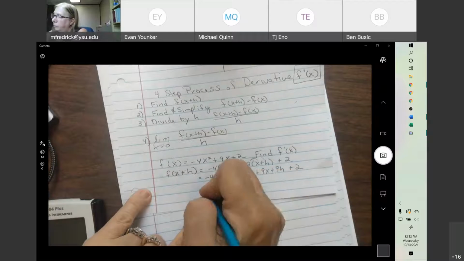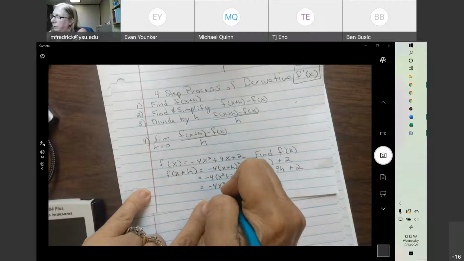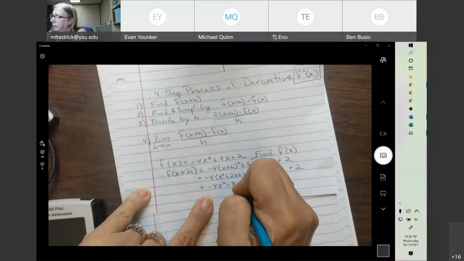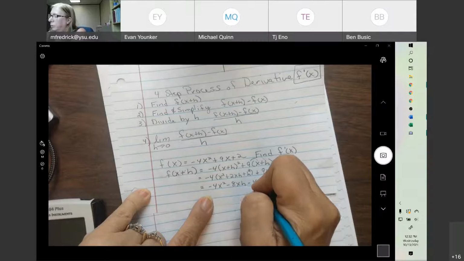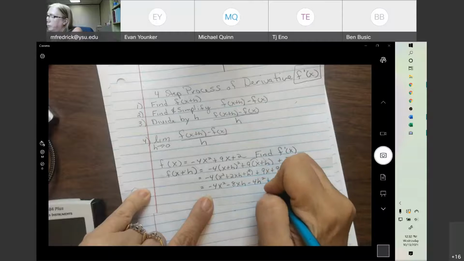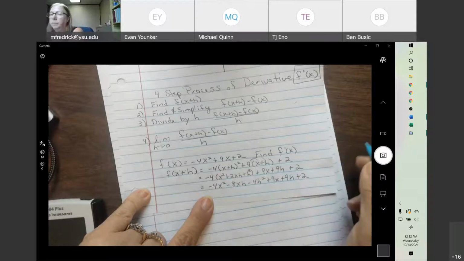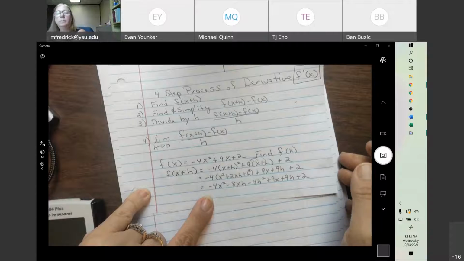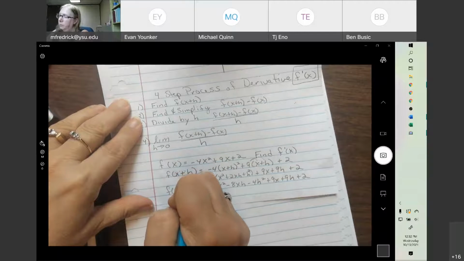Distribute the -4. -4x squared minus 8xh minus 4h squared plus 9x plus 9h plus 2. So this is f of x plus h.